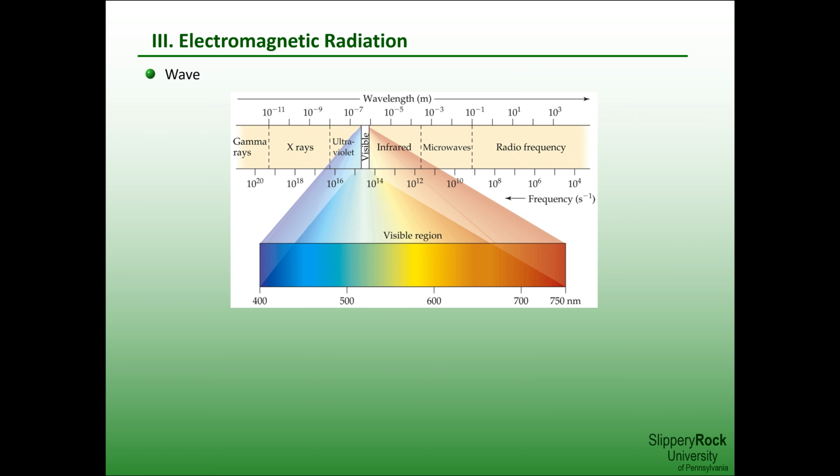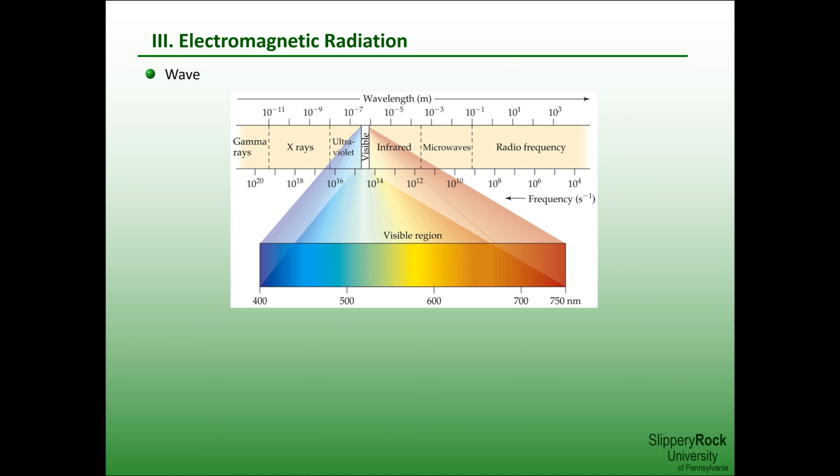On the horizontal axis, we see wavelengths measured in meters, ranging from incredibly short gamma rays at around 10 to the negative 12th meters to long radio waves stretching up to 10 to the 3rd meters, or 1,000 meters.